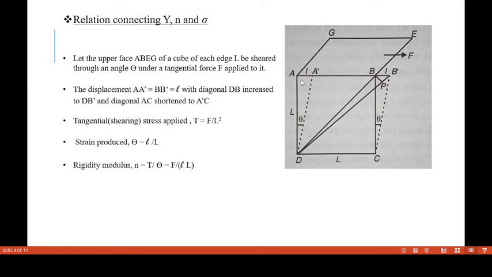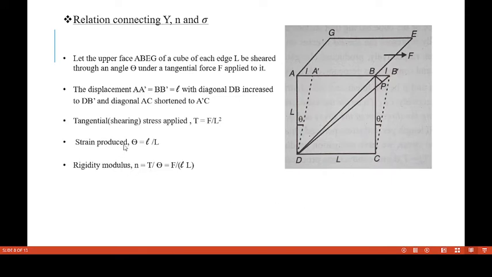Also the diagonal AC, which I have not marked here, changes to A dash C, which is shorter than AC. So we have an elongation along this diagonal dB, which changes to dB dash, and we have a compression along AC, which changes to A dash C.